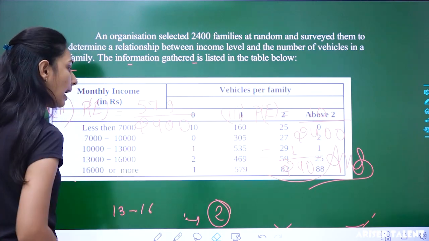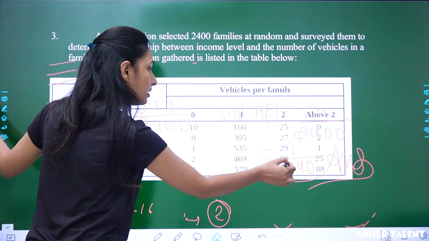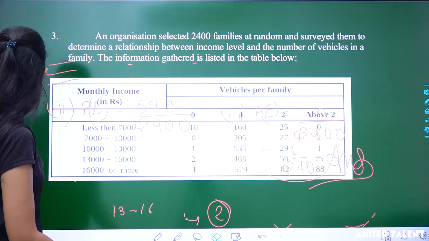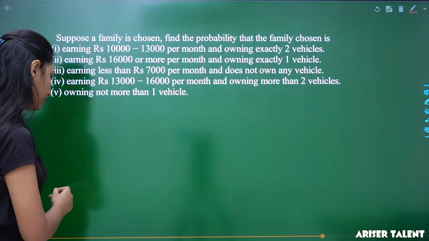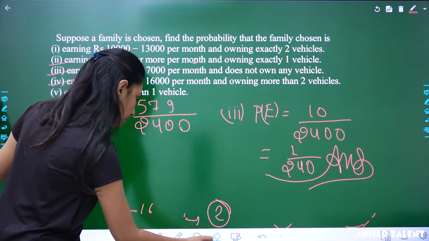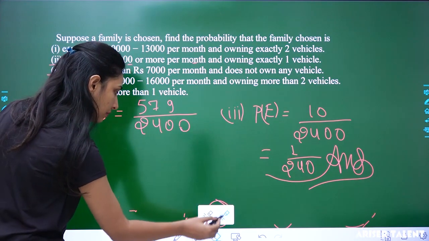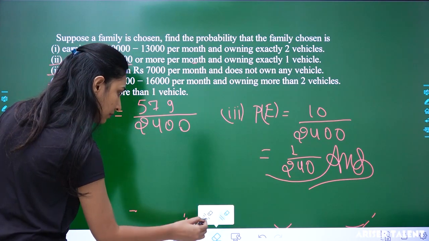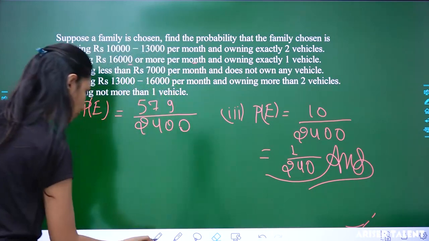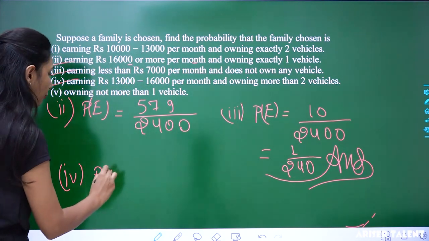Then the number of vehicles is 2, that is 59 you're getting. So for the fourth one, it's going to be 59.